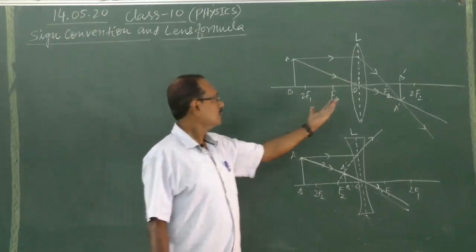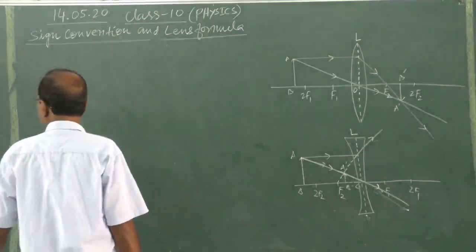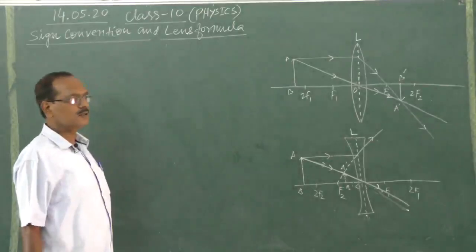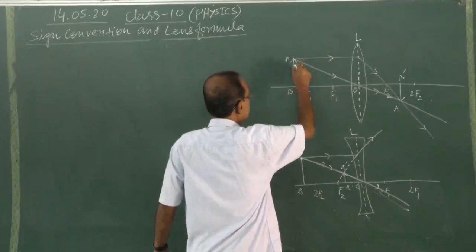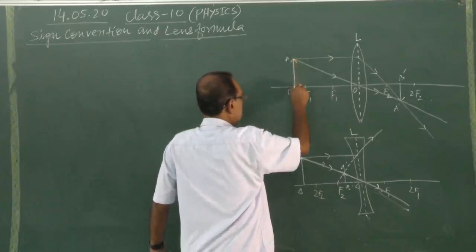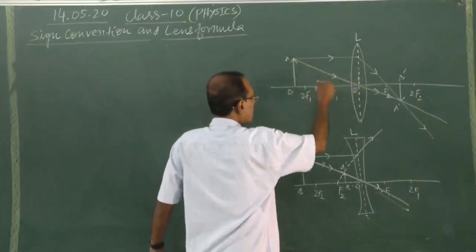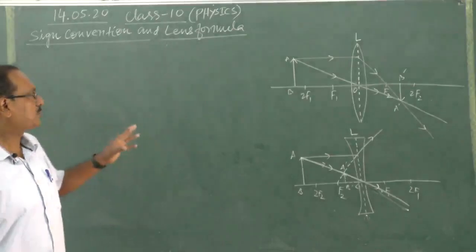Always taken left side of the lens along the principal axis. So, object is kept left side of the lens along the principal axis or on the principal axis.